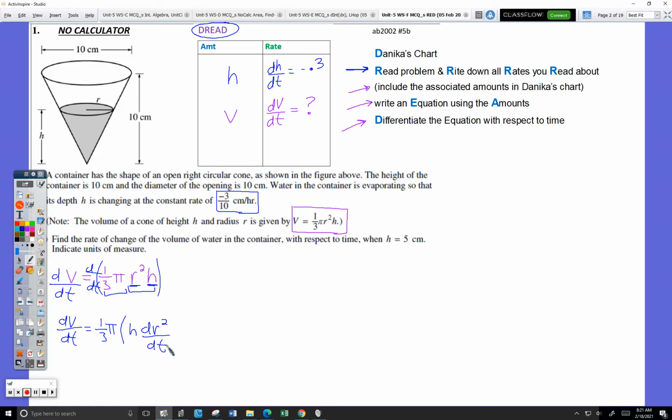We're at the point in the year where you've got to be very careful about what goes in the bottom of your derivatives. You will encounter problems where it will be d over dx, sometimes d over dt, sometimes d over dh, sometimes d over d theta, sometimes d over Arthur's younger sister, dw.